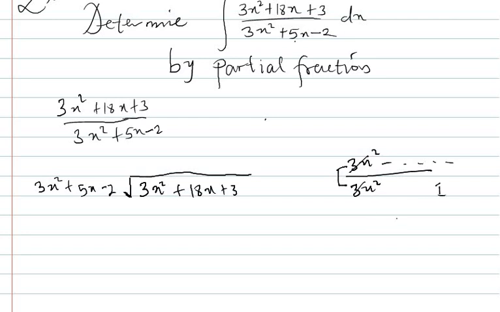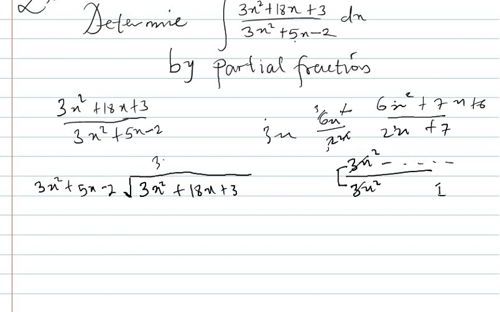For example, if it were 6x squared plus 7x plus 6 all over 2x squared plus 2x, then 6x squared over 2x gives 3x, and we would put 3x here.